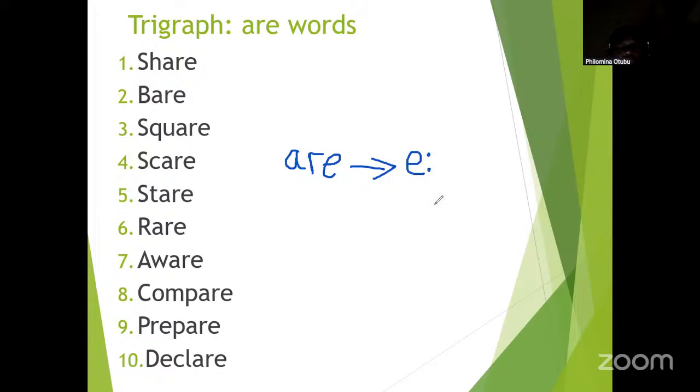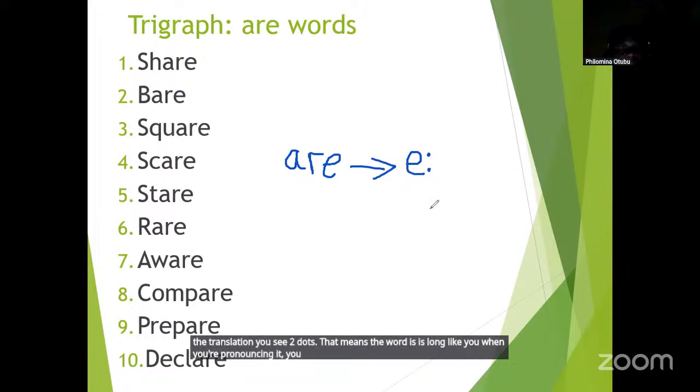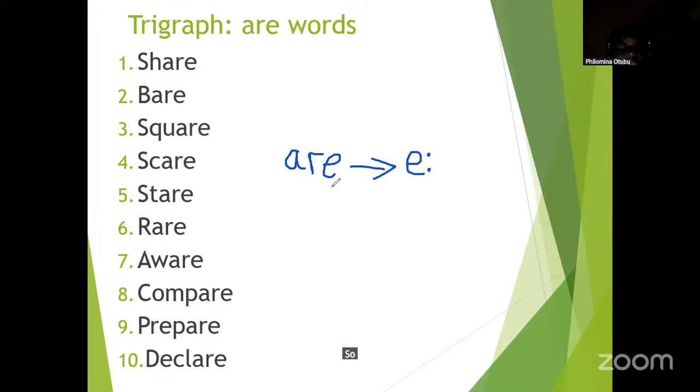Now, when you are checking for a word in a dictionary, and in front of the translation you see two dots, that means the word is long. Like when you are pronouncing it, you drag it a little bit. So this A-R-E says er.